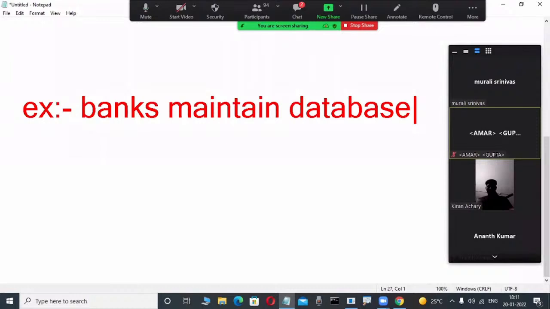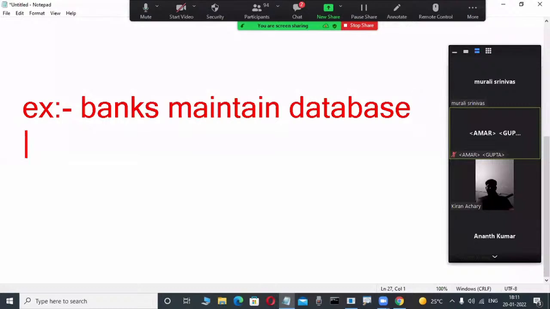Suppose you or I, or some other customers, withdraw some amount. Those details they also want. Again, some people transfer money from one account to another account, either online or offline. Those transaction information they want to store permanently. Then only can we operate all these things. That's why banks maintain databases.